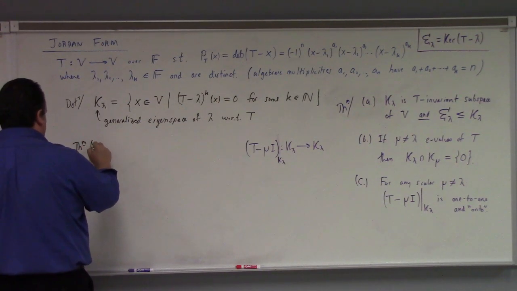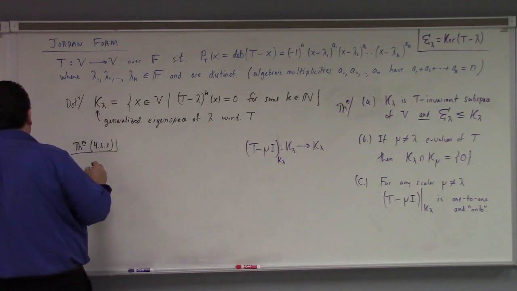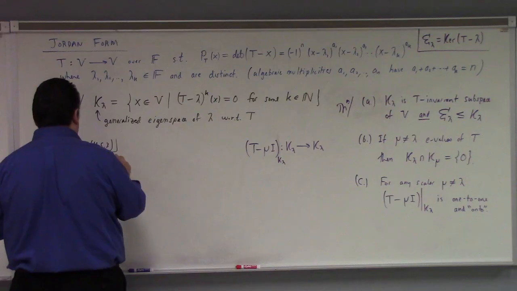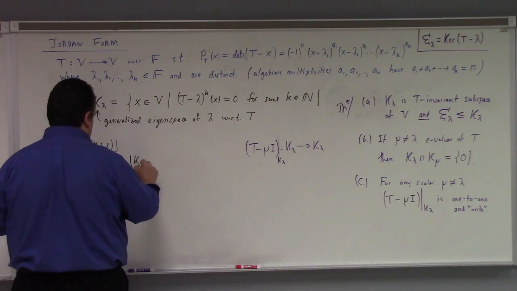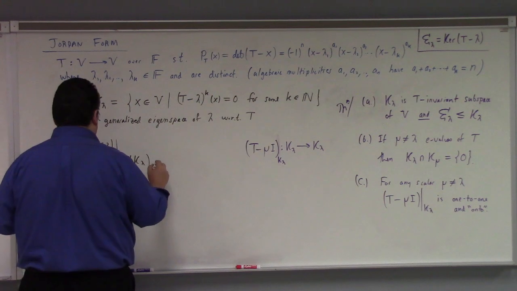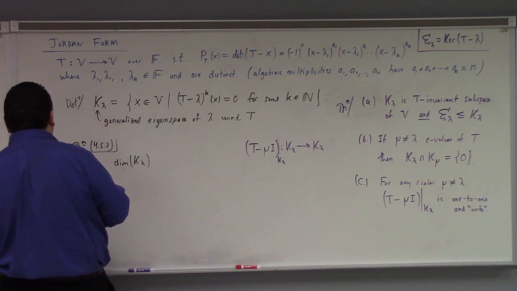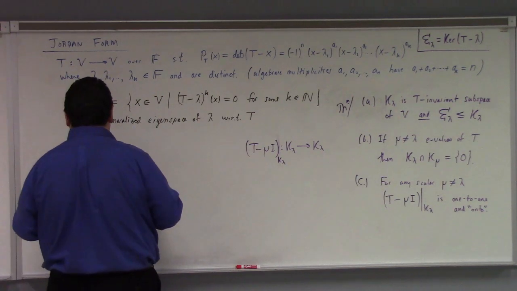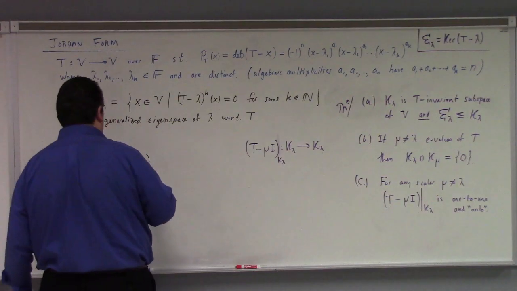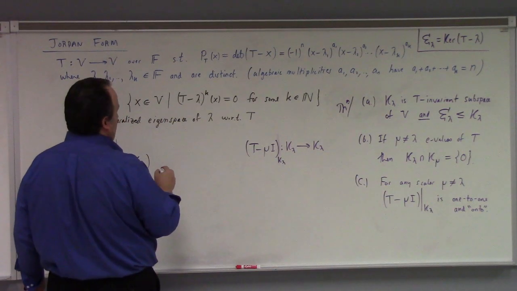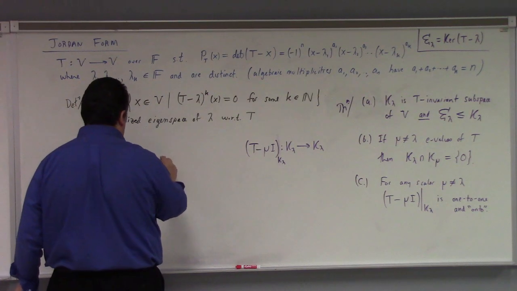This is 4.53. The dimension of K lambda is, oh, well, my notation is unfortunately not the same. The dimension of K lambda J in my current notation is less than or equal to what?